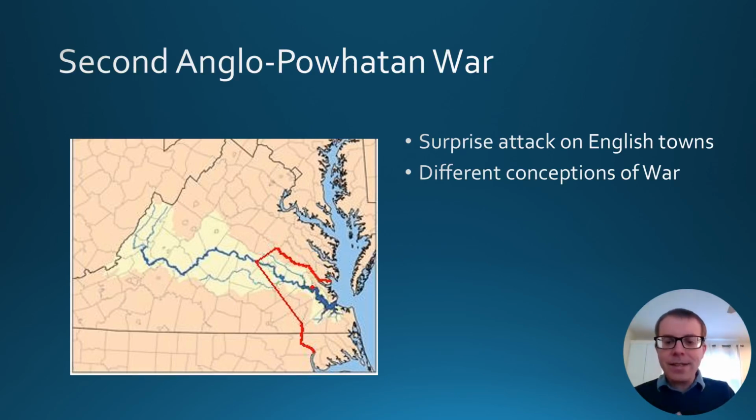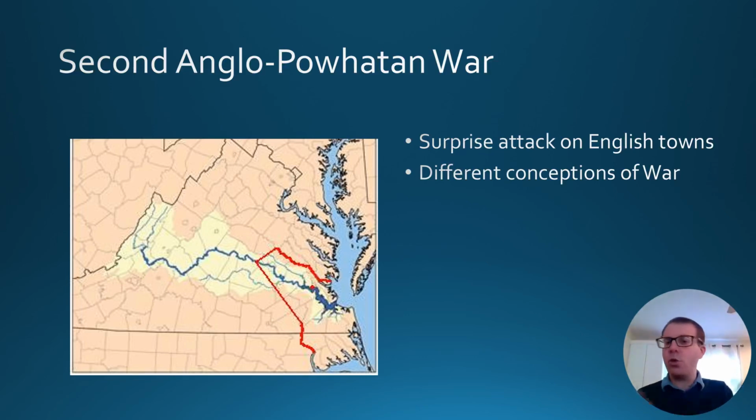And Opchanacanough thinks the message that this is sending is that the English shouldn't move into Powhatan lands. That you need to stay near the coast, stay away from us, stop stealing our lands. But the English look at this and say, we just lost a third of our population. This in fact proves that we cannot live near the Powhatan Confederacy.